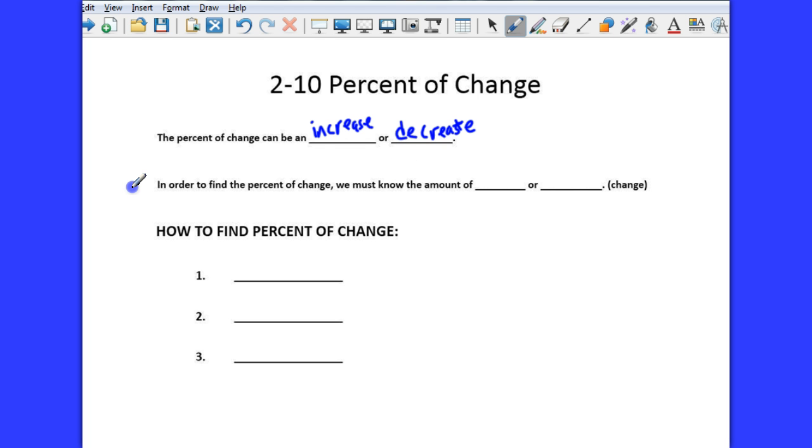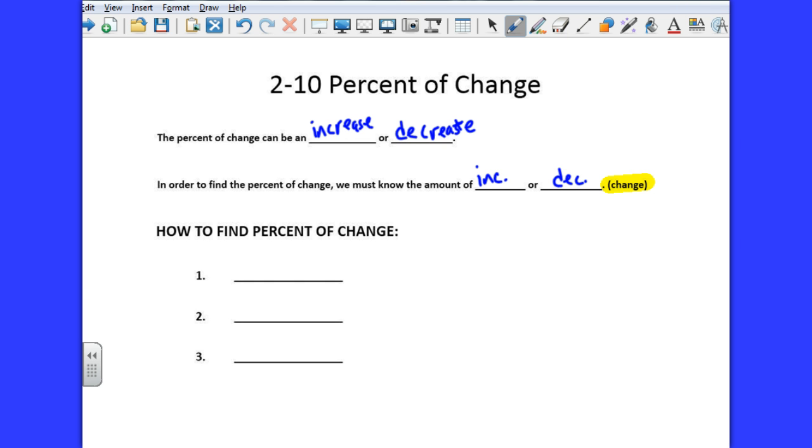In order to find a percent of change, we must know the amount of change, increase, I'll abbreviate here, or decrease. The increase or the decrease is a change.